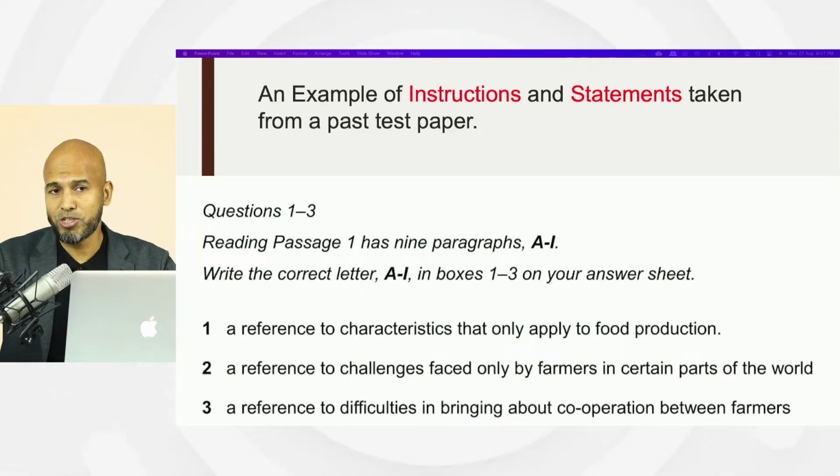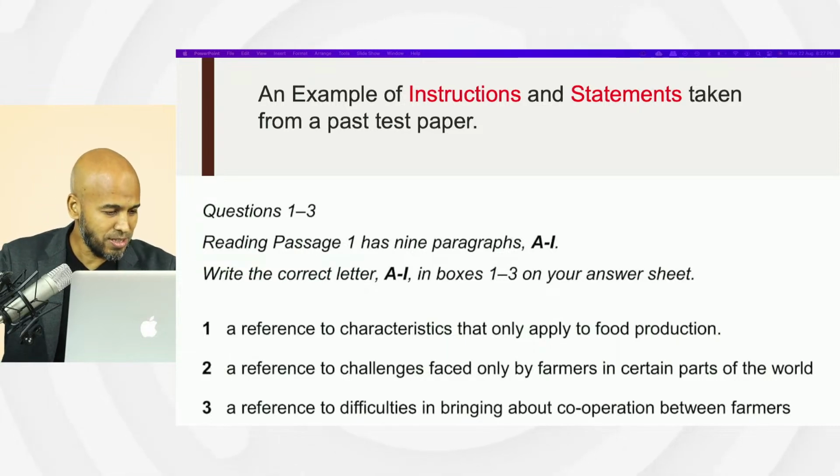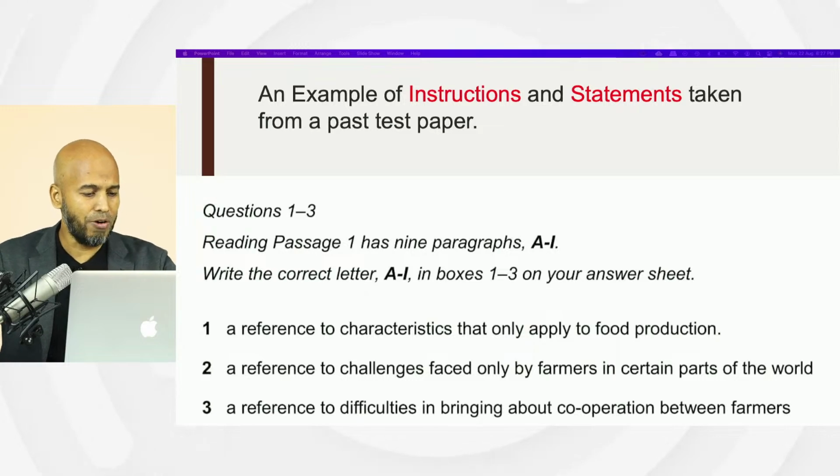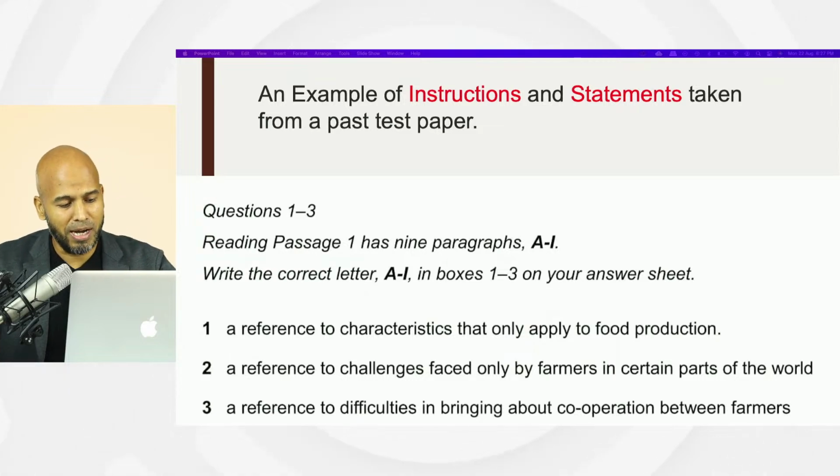So the instruction is very important. Do not skip the instruction. And the questions are, number 1, a reference to characteristics that only apply to food production. 2 says, a reference to challenges faced only by farmers in certain parts of the world. And statement number 3 says, a reference to difficulties in bringing about cooperation between farmers.